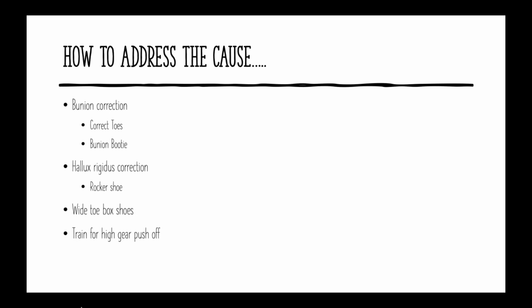So there's a great shoe company called Reshod, reshod.com. It was developed by a speed walker. So it has a rocker technology built into it for speed walkers, but I like it for patients with first MPJ issues. Wider toe box, of course, get out of the tapered shoes, and then train the foot for a high gear push off.